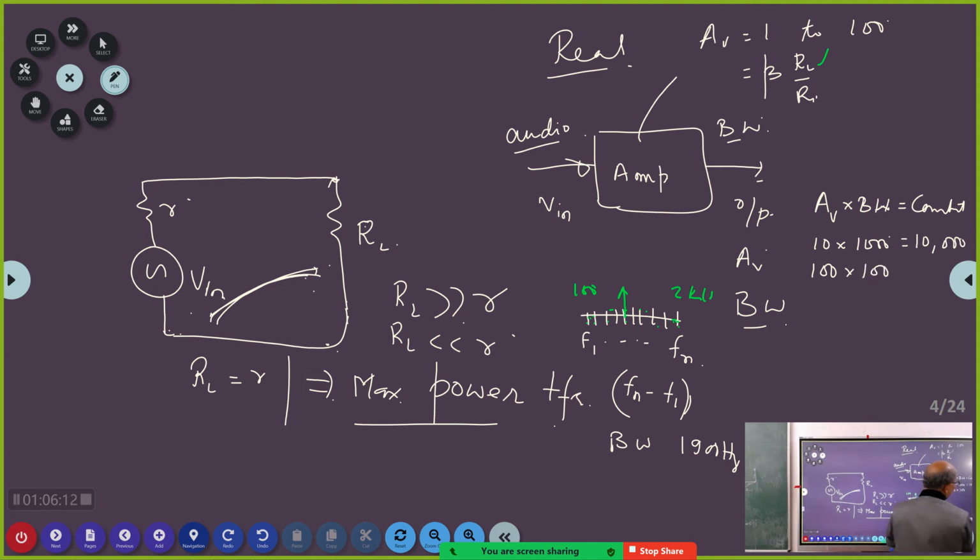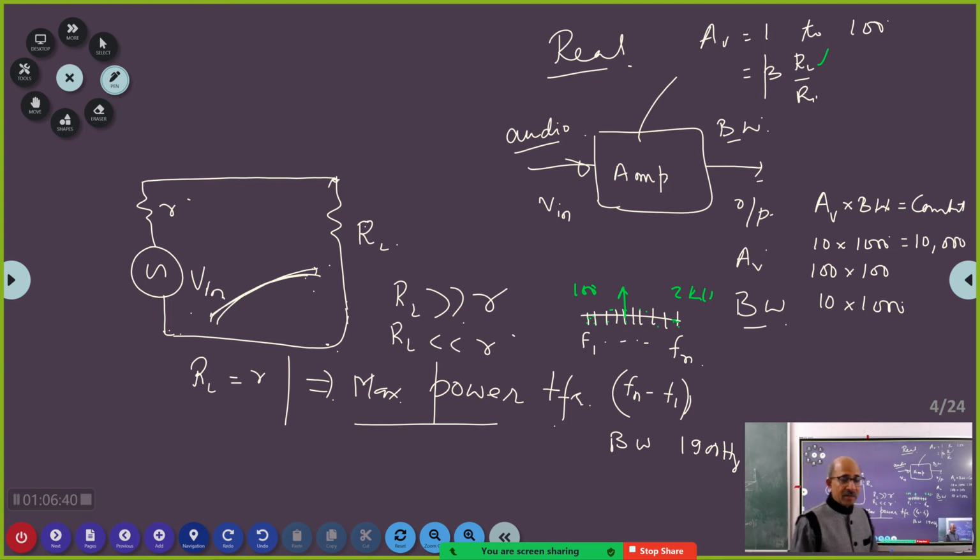Correct? Okay. So the gain bandwidth product of an amplifier is constant. Got it? Okay. So therefore, now you see, for example, now I want a bandwidth of 1000. Then I have to settle for a gain of only 10. Got it?